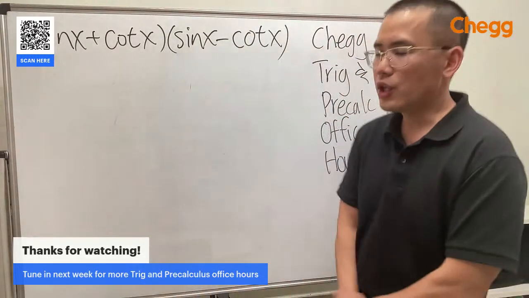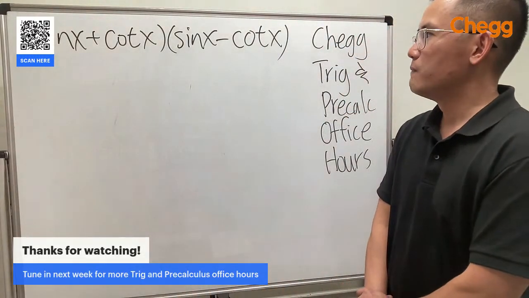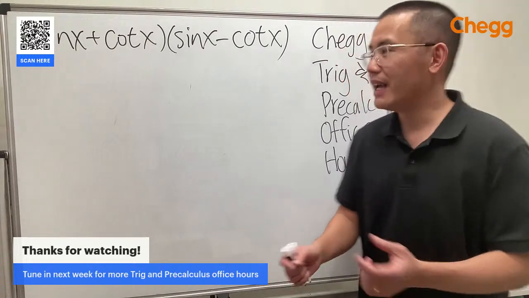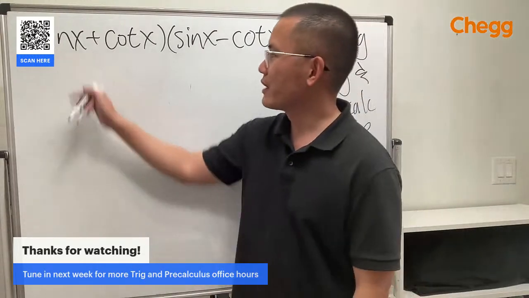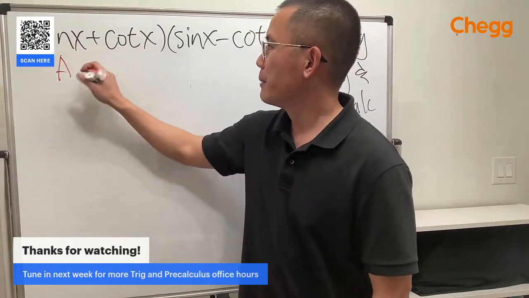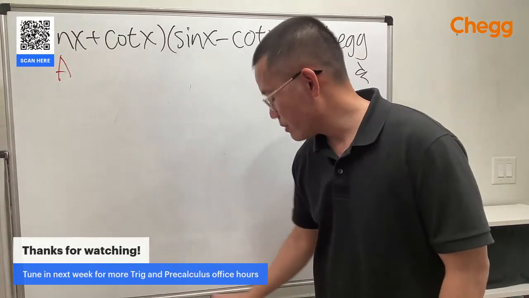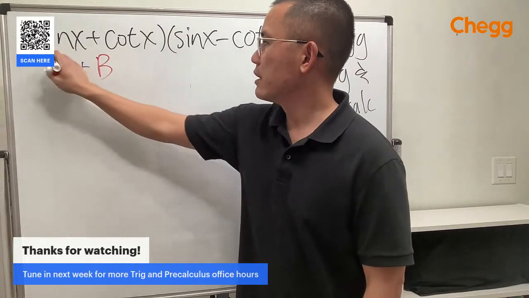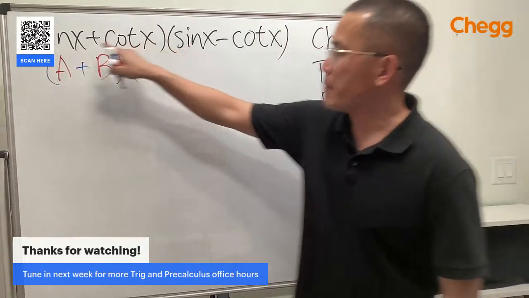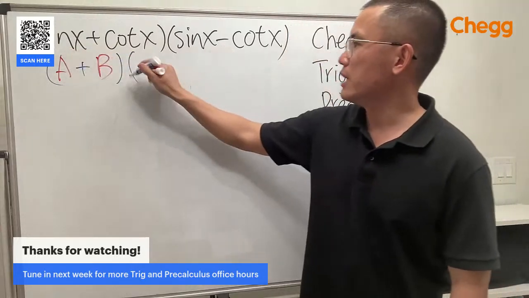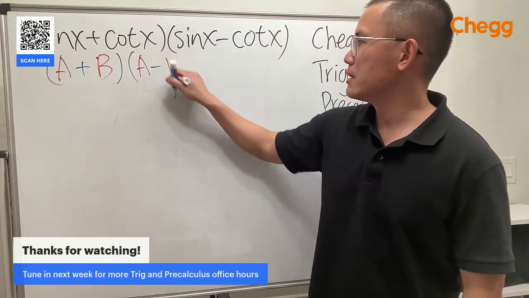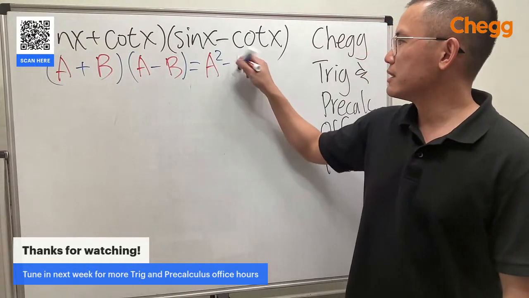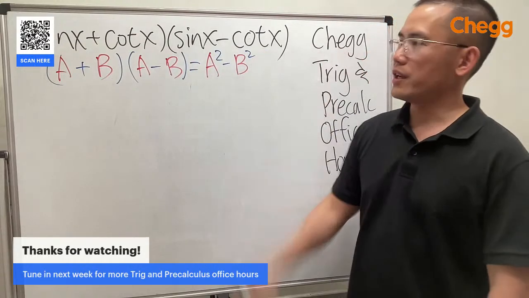Okay, so let's see. For this one, I think we can multiply it out and see what happens. Especially we can see that this is in the form of a plus b, and then we multiply that with a minus b, so we get a squared minus b squared.